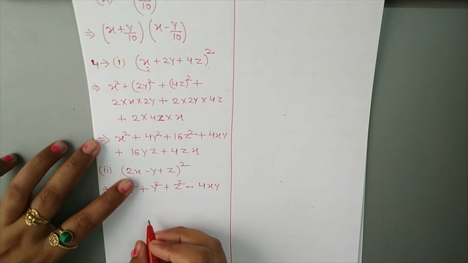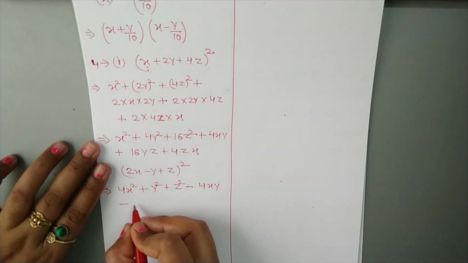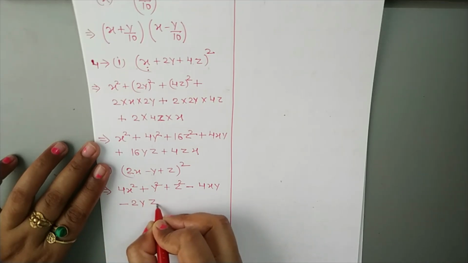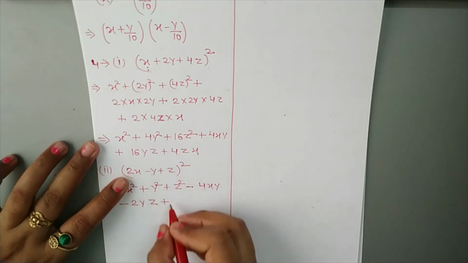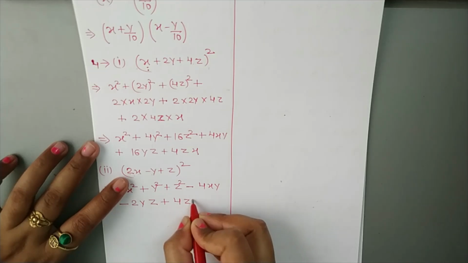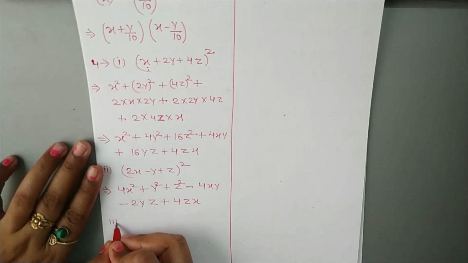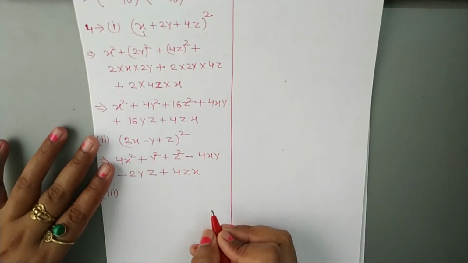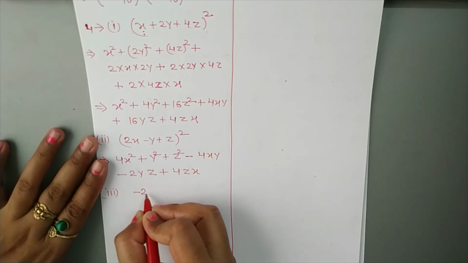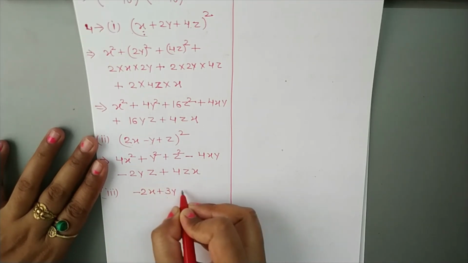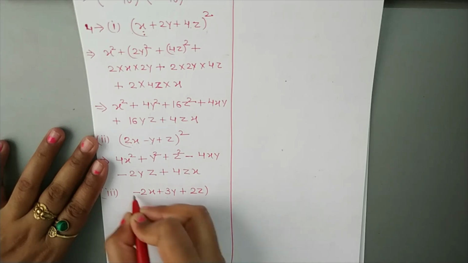Then again minus 2yz, then plus 2 2s are 4zx.